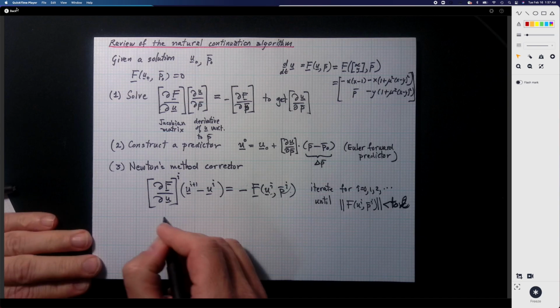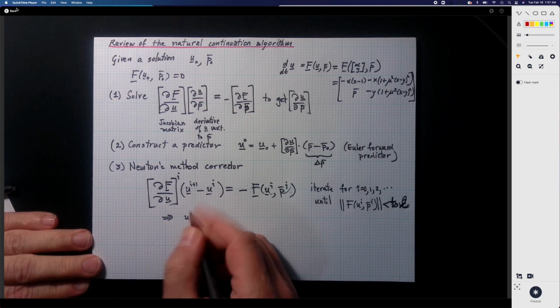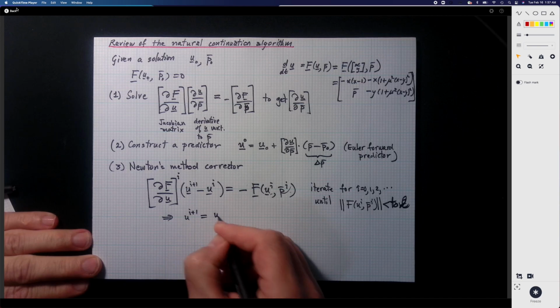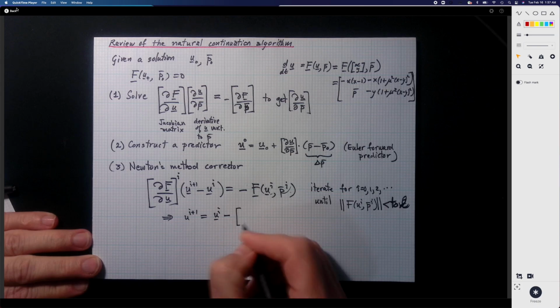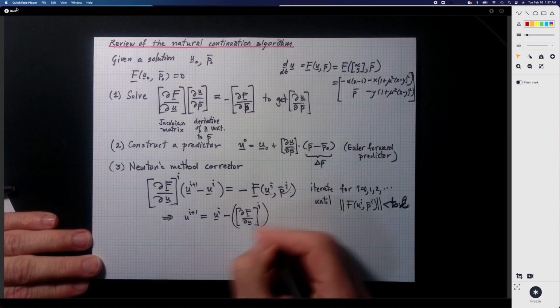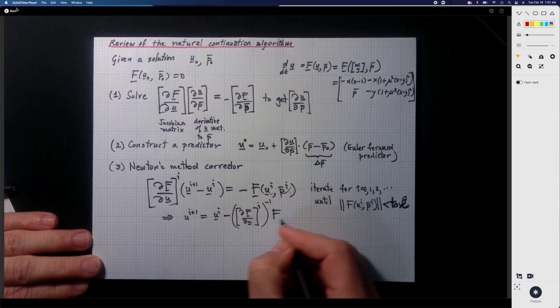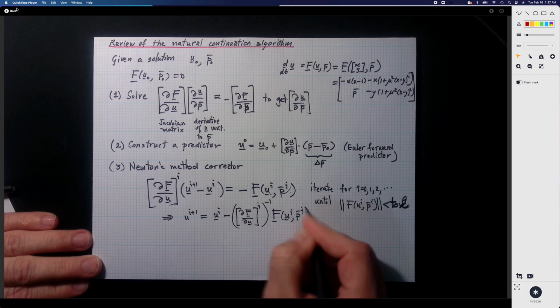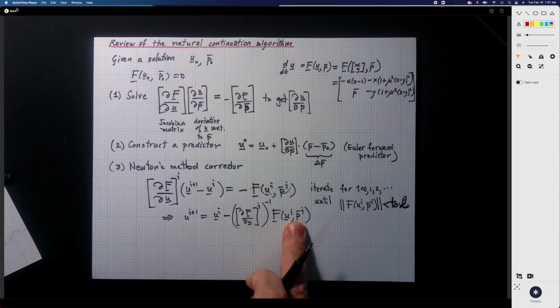Right, so in Newton's method we would get U at I plus 1 equal to U at I minus df/dU at I, inverse, applied to f at U I, P bar I. This is the Newton iteration.